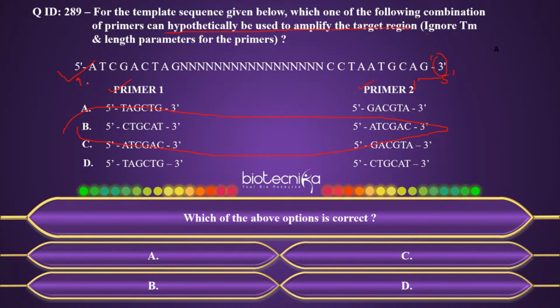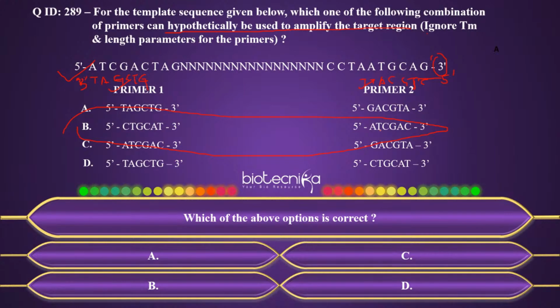If we make the complement here, it would be T, A, G, C, T, G. In this manner, if we make the complementary strand, here it will be the 3' end, and here would be the 5' end. From the 5' end, it would be C, T, G, right? Here it would be G, here C, here A, here T.